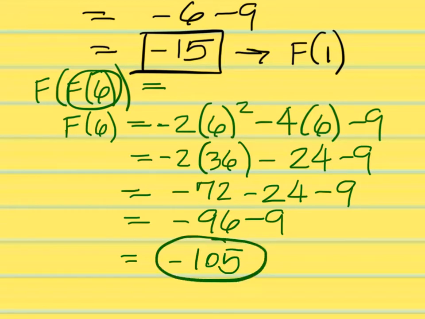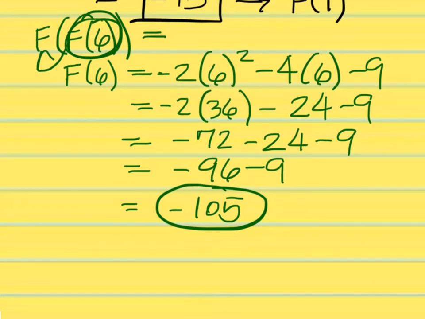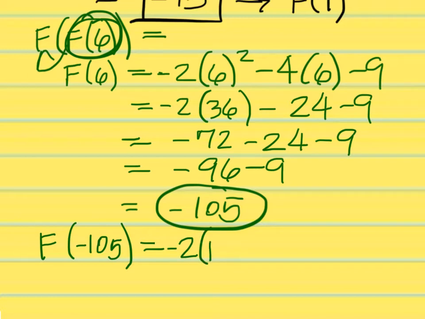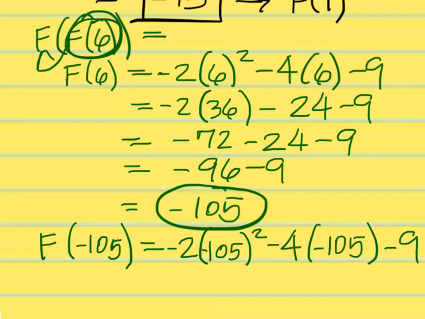That must be put back into the function because you're working your way backwards. We did this. Now we have to go back and do that. So f of negative 105 equals negative 2 times negative 105 squared minus 4 times negative 105 minus 9.